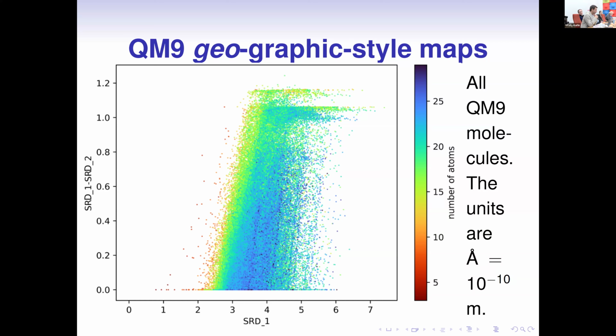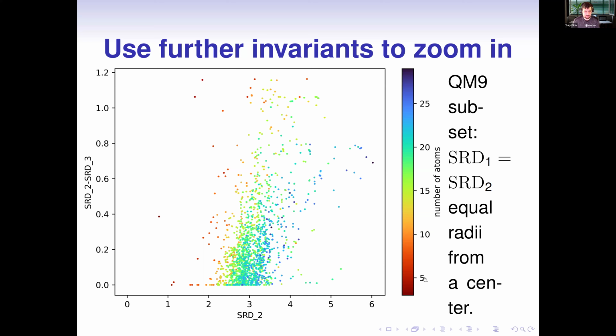So here is another plot. I think this is SRD2 and SRD2 minus SRD3. Actually, this is a subset where SRD1 was the same as SRD2. So we zoom into that, and we have a similar case here, that larger molecules tend to have a larger SRD2 value.